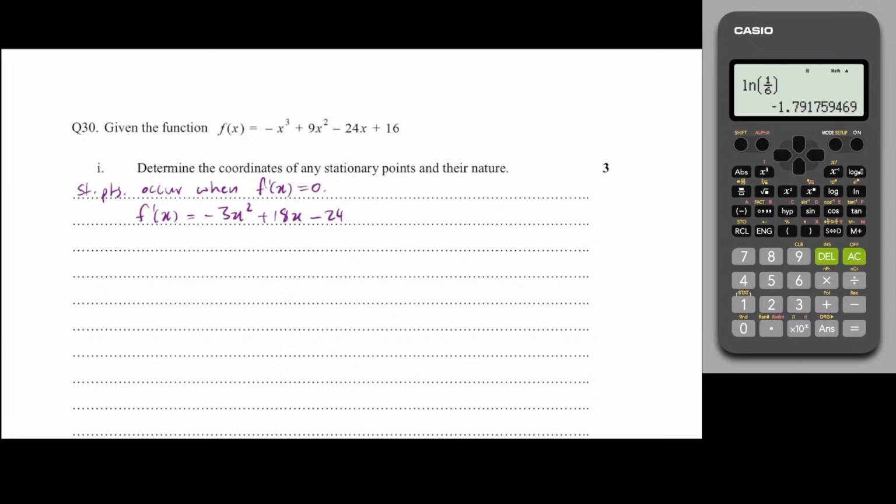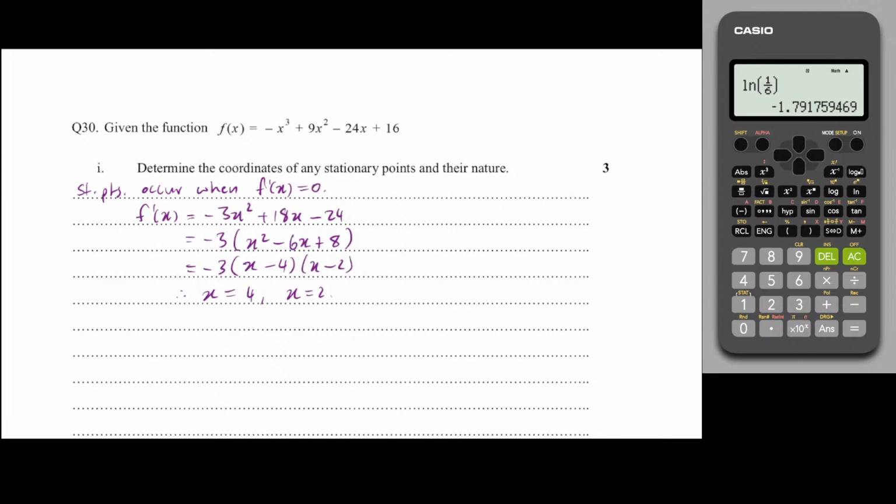We can take a factor of negative 3 out. We get x squared minus 6x plus 8. Factorizing that, we get minus 3 times x minus 4, x minus 2. So therefore it's going to be when x is equal to 4, x is equal to 2.